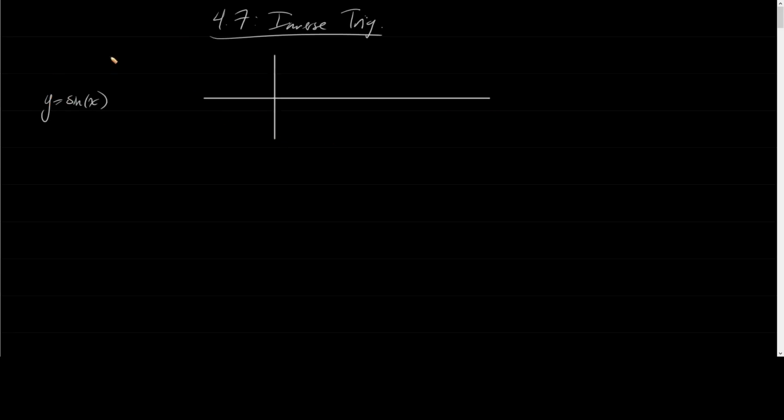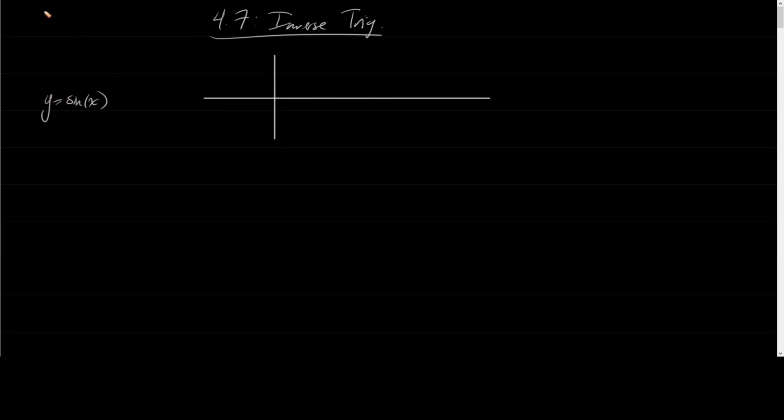This is chapter 4.7, which is on inverse trigonometry. So first, let's recall what y equals sine of x looks like. Right, now y equals sine of x is the following function.